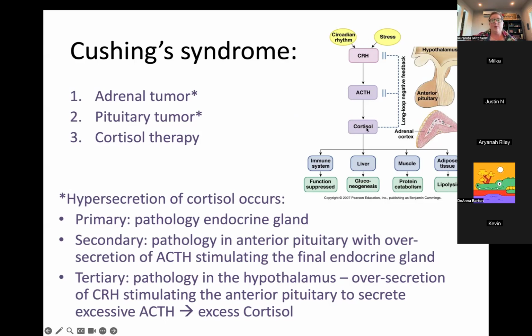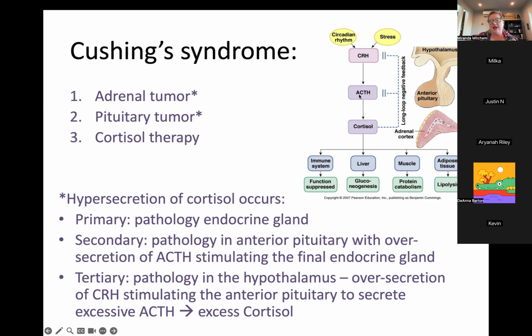So what's happening? This is the same pathway we just reviewed in the other slides, that hypothalamic pathway. So we have our action on the hypothalamus, which is going to release corticotropin releasing hormone. And that acts on the anterior pituitary gland to produce ACTH.